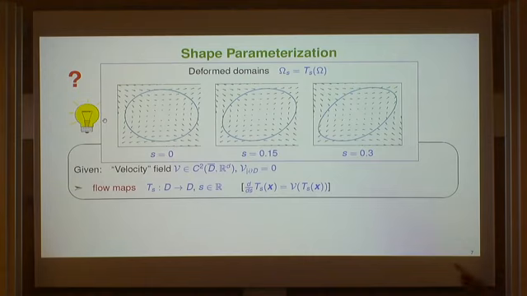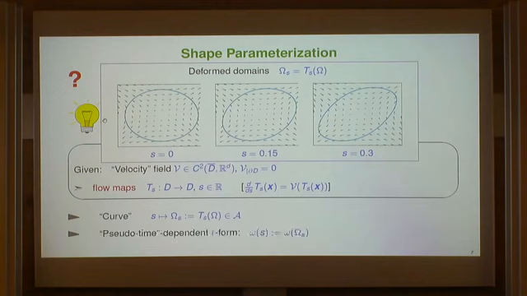Let's assume the blue curve is the domain omega, and then we have a flow field, and omega is deformed under the flow. And so a vector field induces a flow which naturally gives a curve in shape space by transporting domains. And then we can differentiate along this curve and get a directional derivative. And so shape calculus first talks about directional derivatives in the direction of a vector field, when you agree with the velocity method.